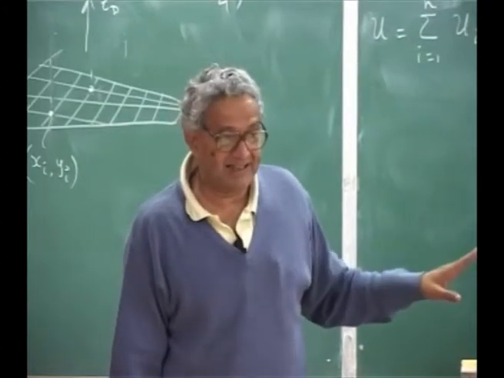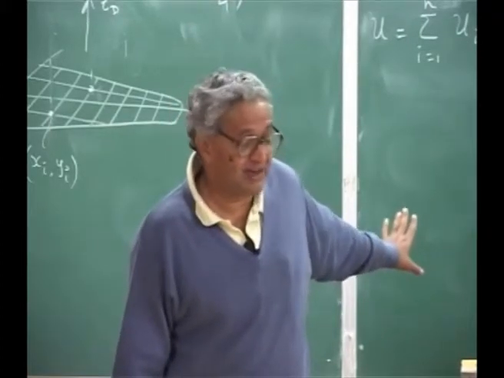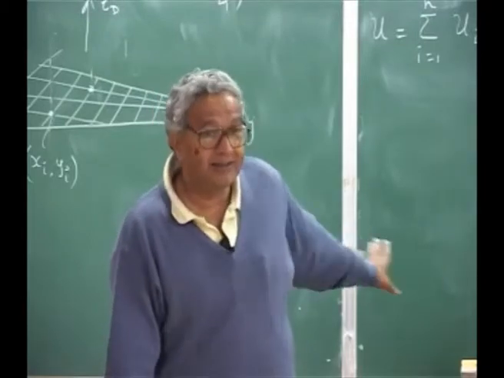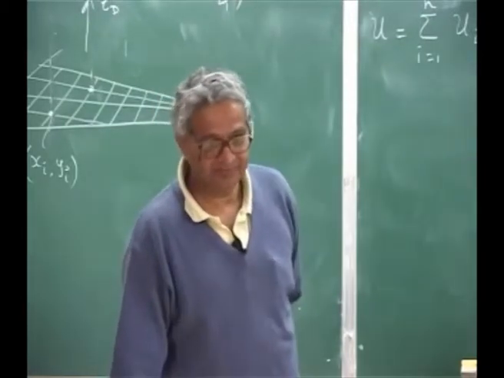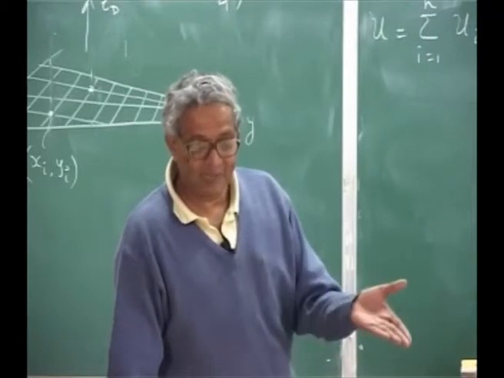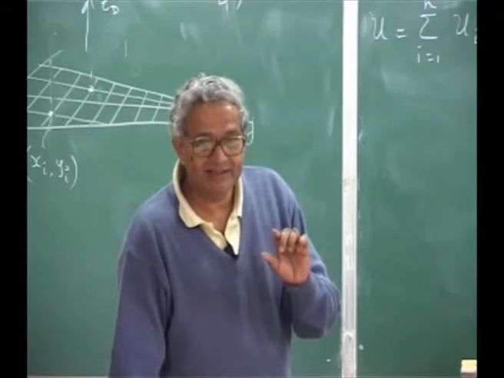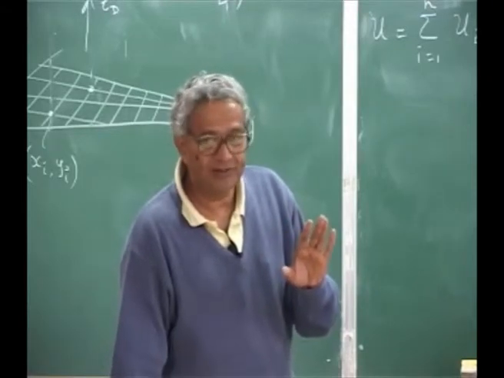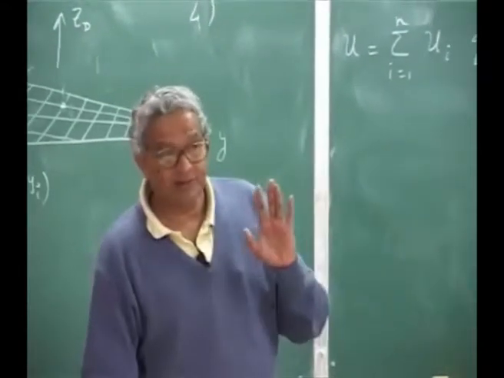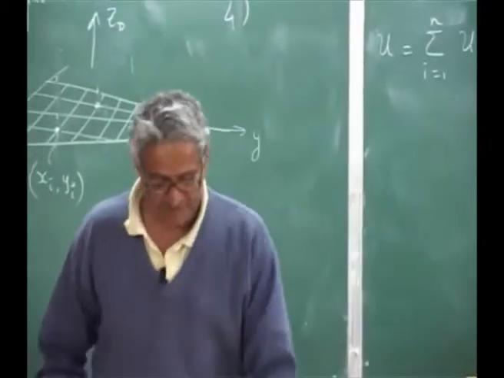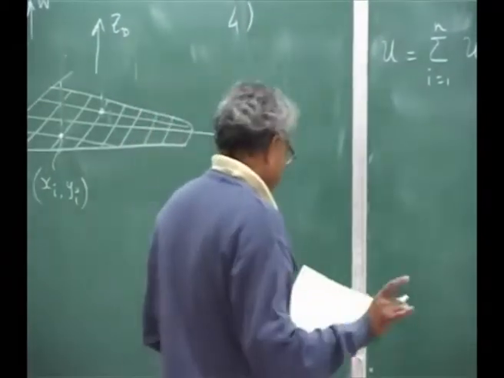Whereas in the Galerkin and all the other approaches, they have to satisfy all the boundary conditions, both geometric and natural. Here, it is enough if they satisfy the geometric boundary condition, and of course they should be differentiable, that is important.